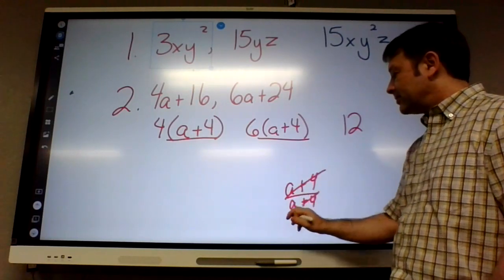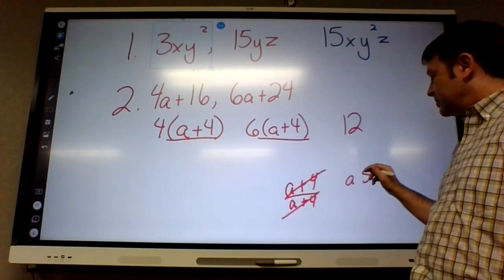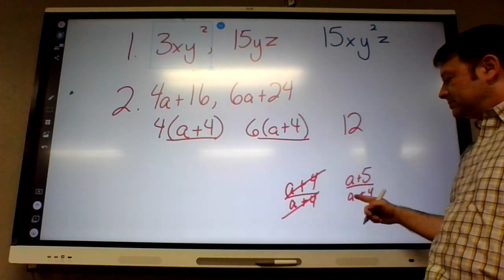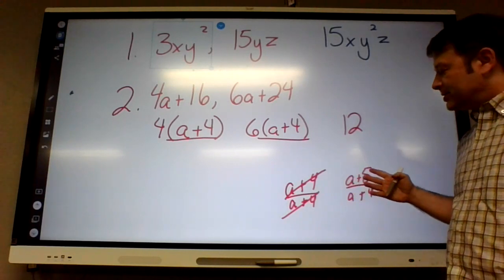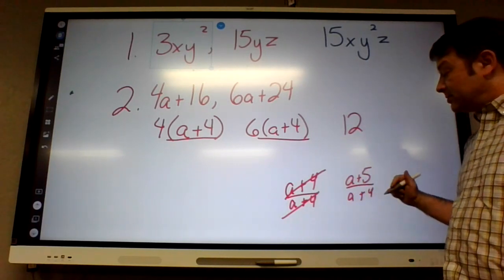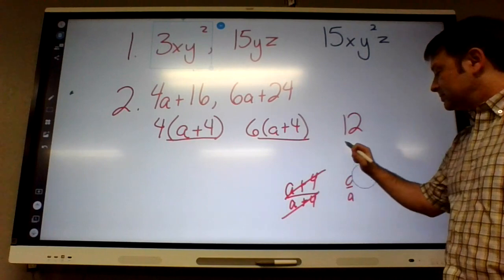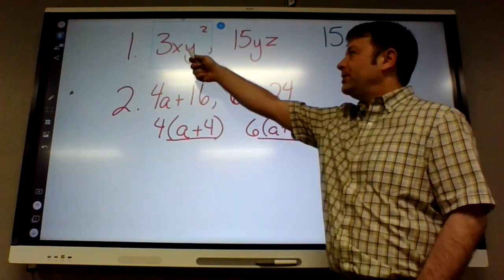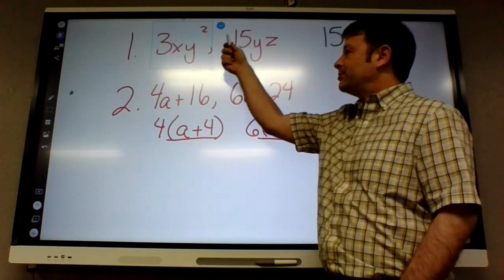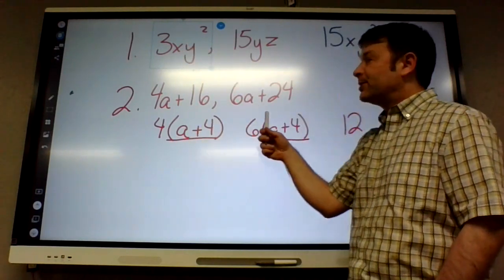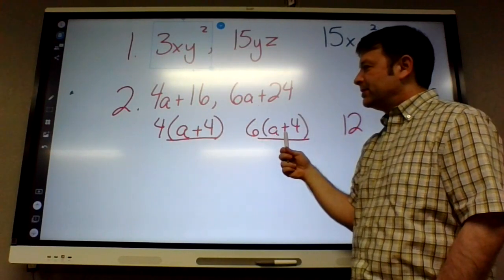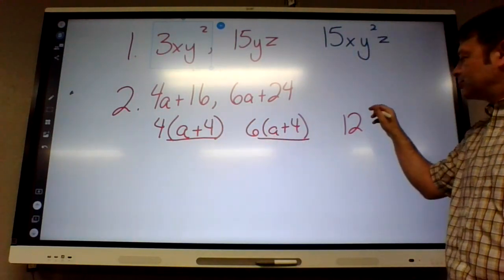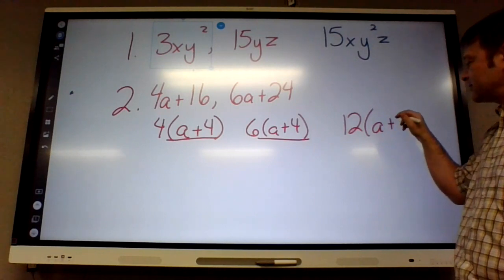Like this cancels out, but this does not cancel out, because adding and division do not cancel out. Just like when we did the individual letters, we used the most of each. So who has the most a plus 4s? It's a tie, they both have 1. So you have to use 1 a plus 4.